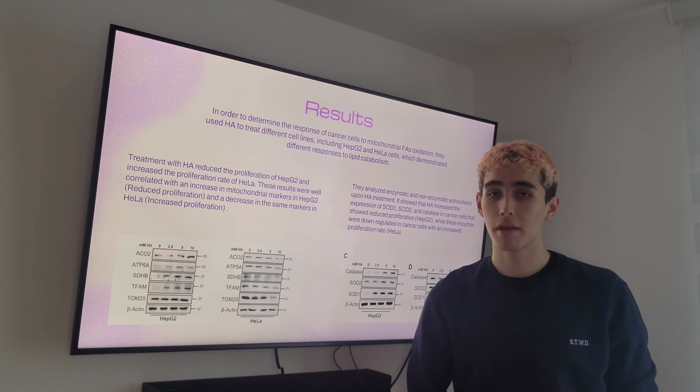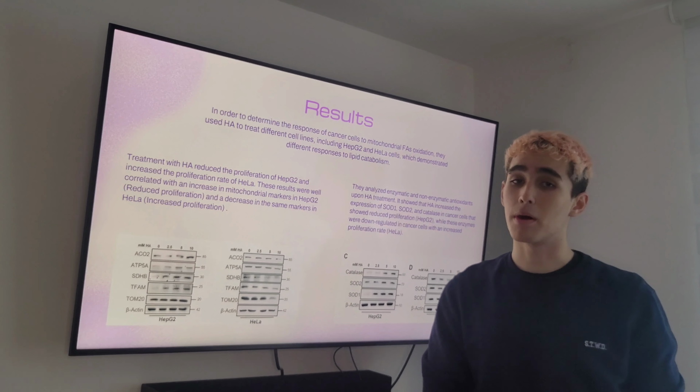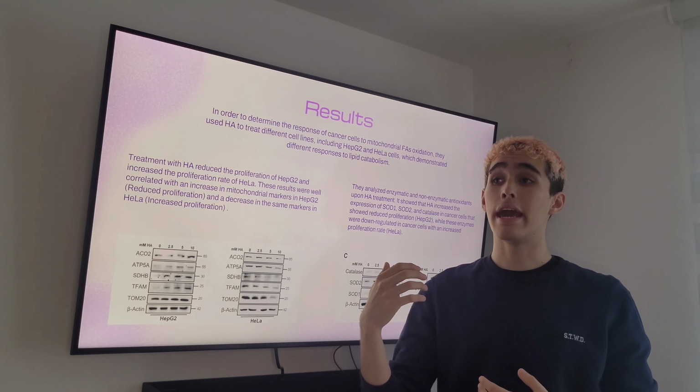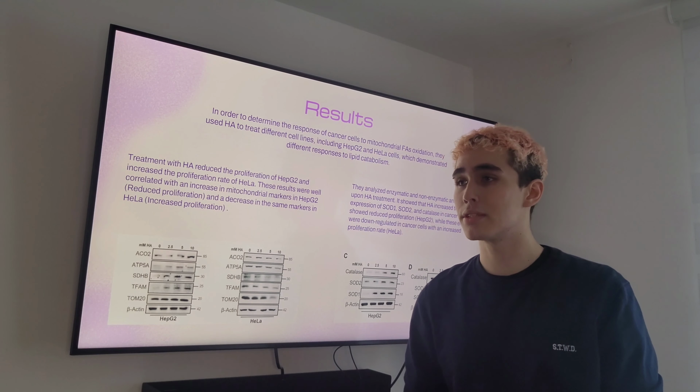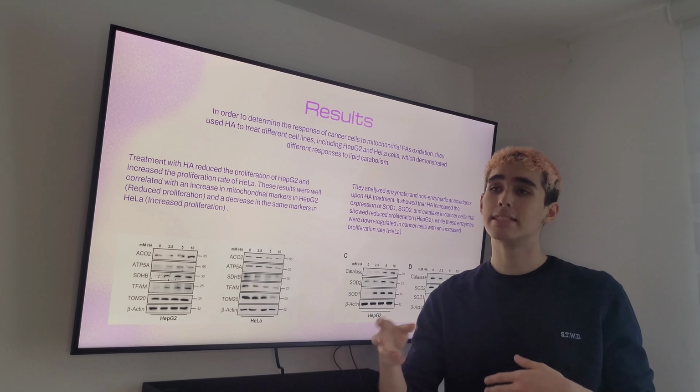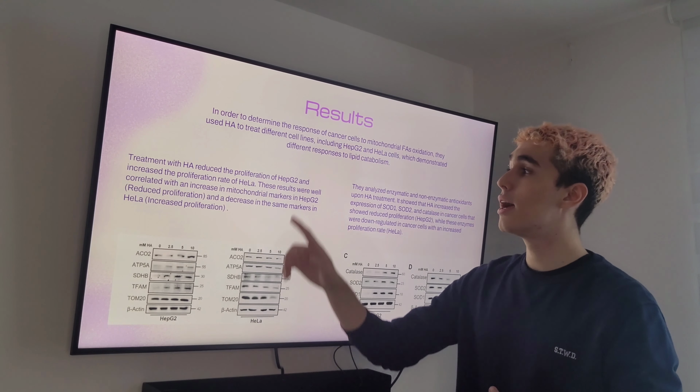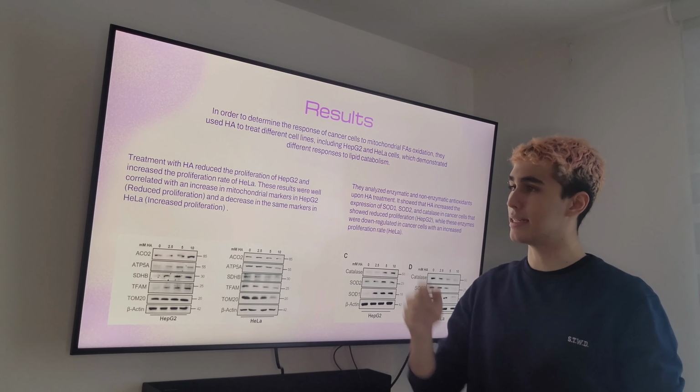So, the results. To determine the response of the cancer cells to mitochondrial fatty acid oxidation, they took two types of cells that act very differently from each other: the HepG2 and the HeLa cells.